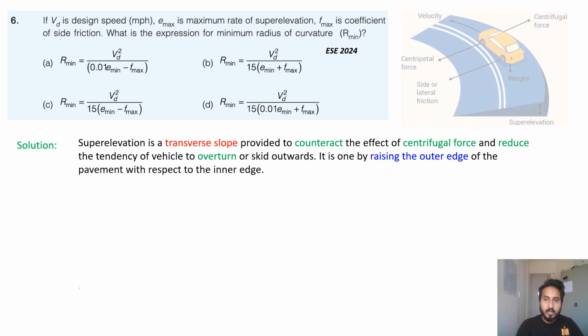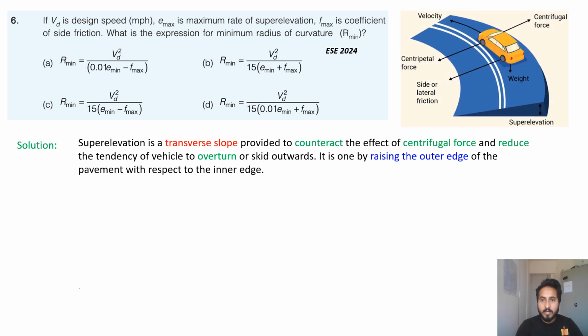Basically we raise the outer edge of the pavement, like you can see here. Here is the inner edge level, and this is the outer edge level. So this is the superelevation.